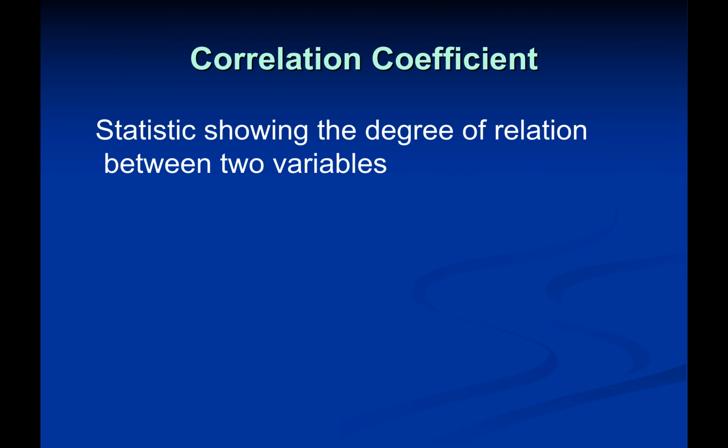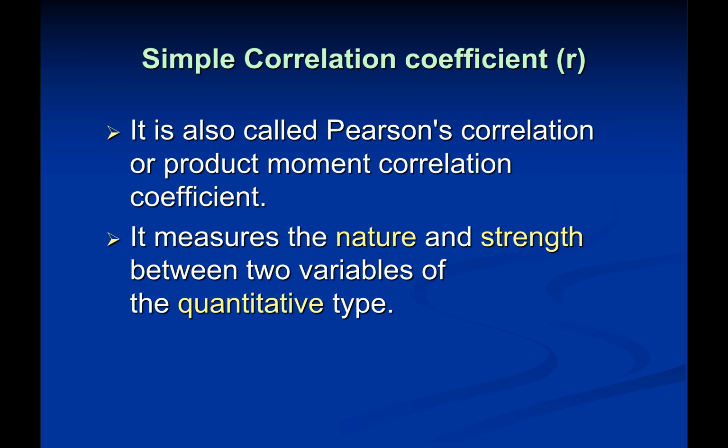The correlation coefficient is a statistical index showing the degree of relationship between variables. It shows the strength and direction at the same time. I'm going to concentrate on the simple correlation coefficient r.